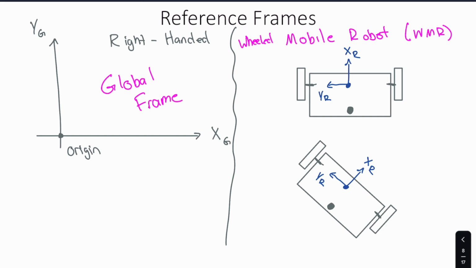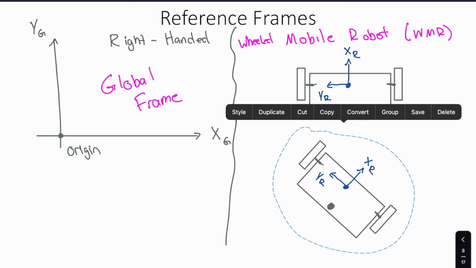The X_R-Y_R frame does not change. X is always going to be forward from the center of the robot. Y is always going to be off to the left. We can always refer to our left wheel and our right wheel. It doesn't matter which way we're facing in terms of the cardinal directions, whether we're facing north, east, south, or west.